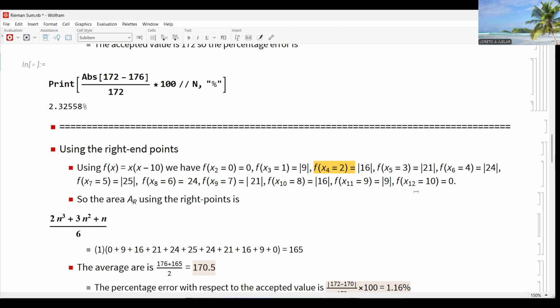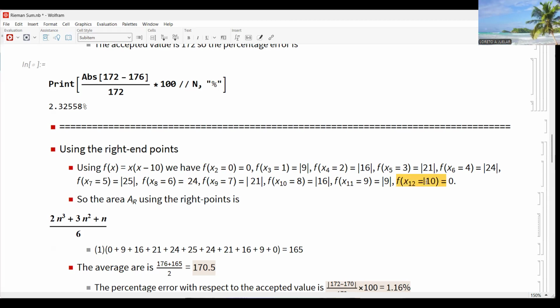So up to x12 here. So x11 is equal to 9 here. Then x12, so this is equal to 10.